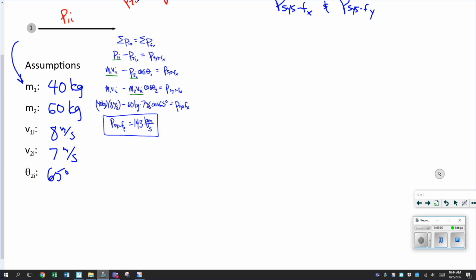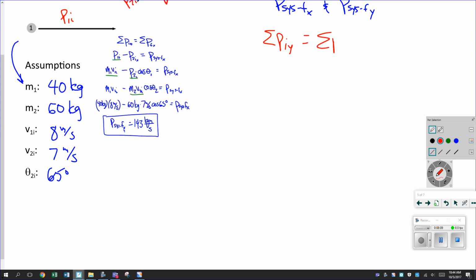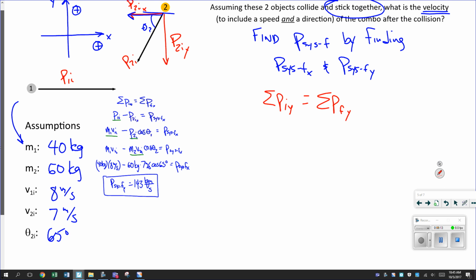All right, so I just gave myself a little more room. Let's do a conservation of momentum in the Y direction. Let's look at all the momenta in the Y direction. Guess what? Number 1 doesn't have any. This vector has 0 up and down component.